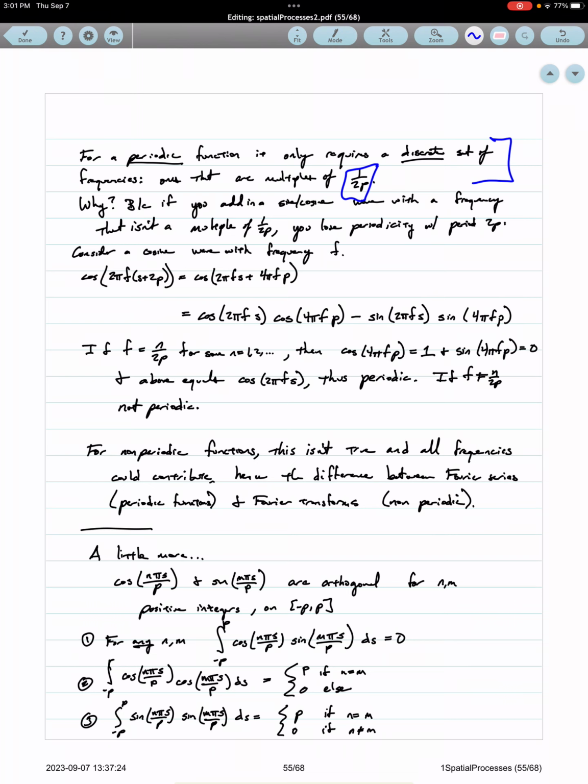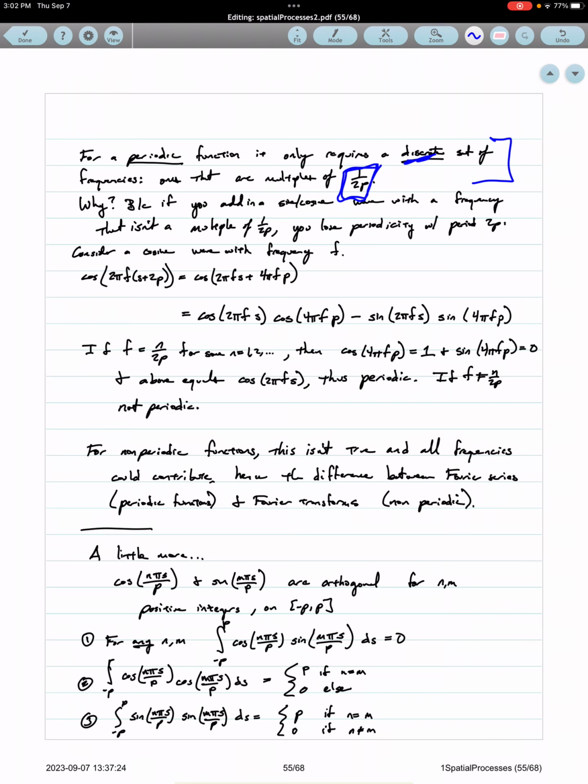I'm no longer going to have a period of 2p. And so I need to exclude waves without frequencies that are multiples of 1 over 2p. And so that's why we end up with a discrete set of frequencies.